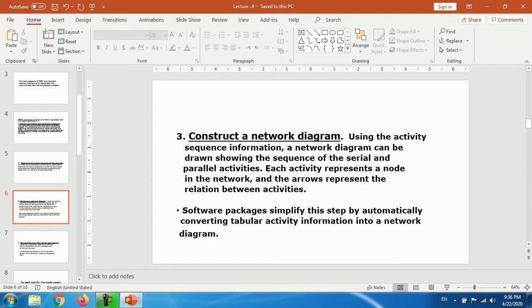Number 3. Construct a network diagram using the activity sequence information. A network diagram can be drawn showing the sequence of the serial and parallel activities.